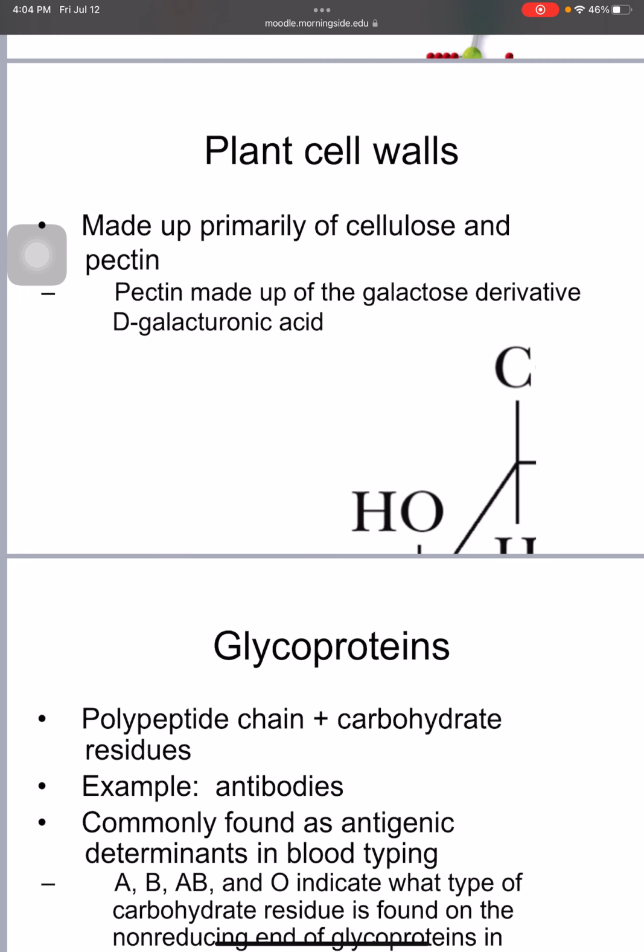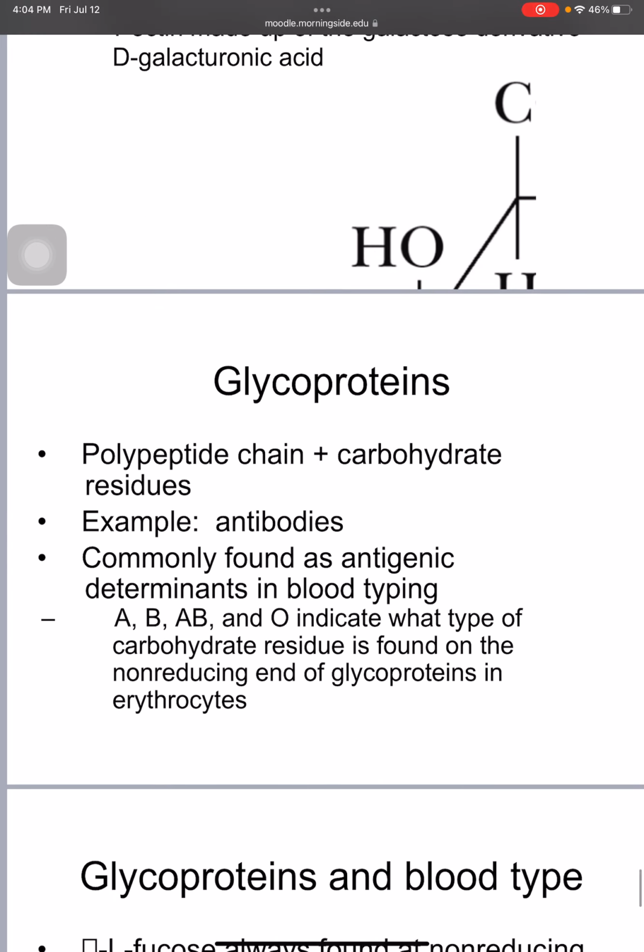And then the last one I want to mention is certain types of what we call glycoproteins. You can kind of figure this out from the name. You're going to have polysaccharide chains, but you're also going to have polypeptide chains. They're going to be very much protein-based.